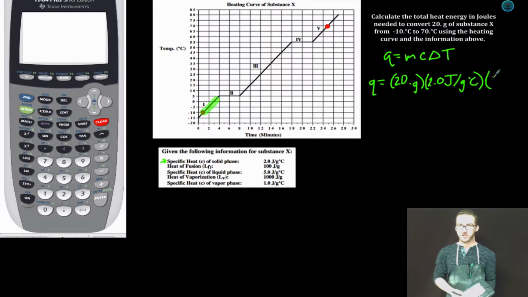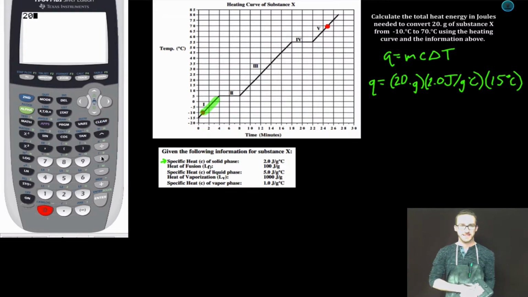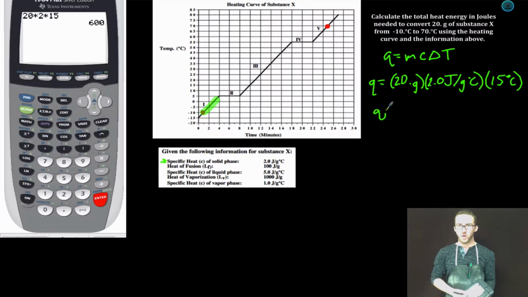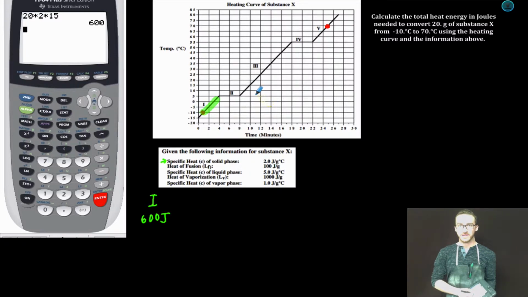That's a temperature change of 15 degrees Celsius. Quick jump to the calculator. 20 times 2 times 15 is the amount of heat required to heat up our solid from negative 10 to a solid at 5 degrees Celsius, 600 joules. I'm going to remind myself of 2 sig figs just by putting a little line there. Segment 1, 600 joules.